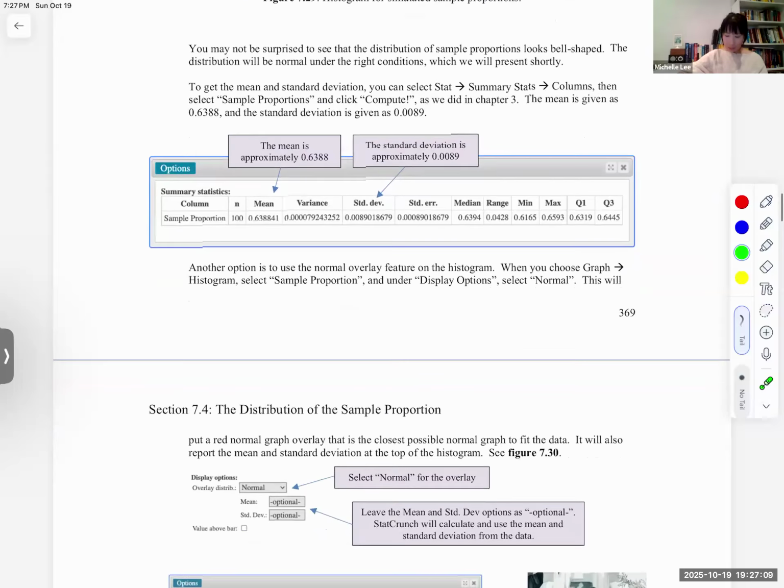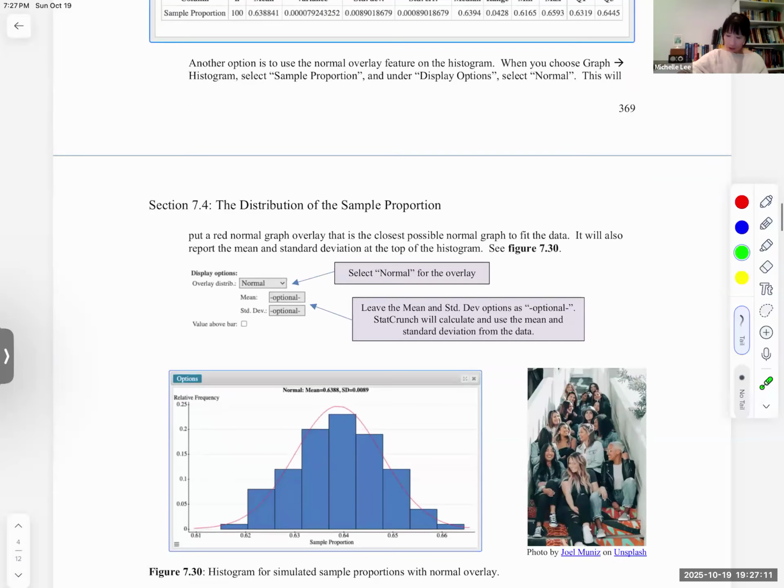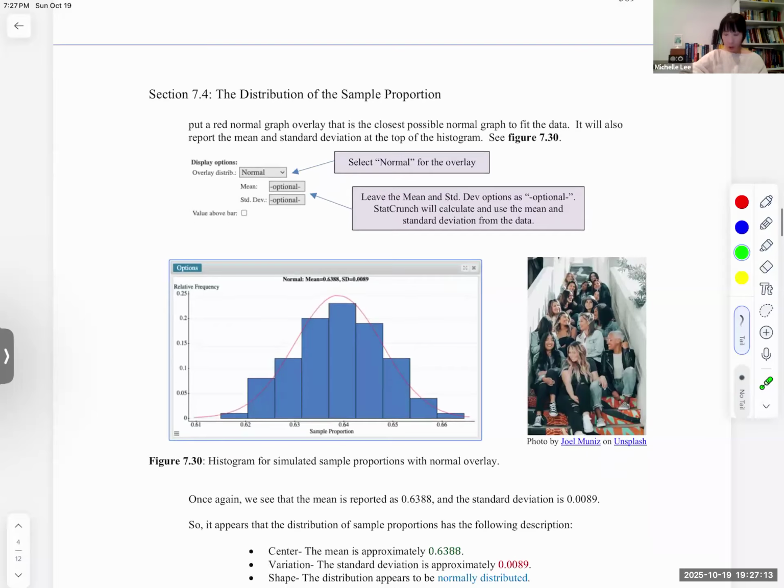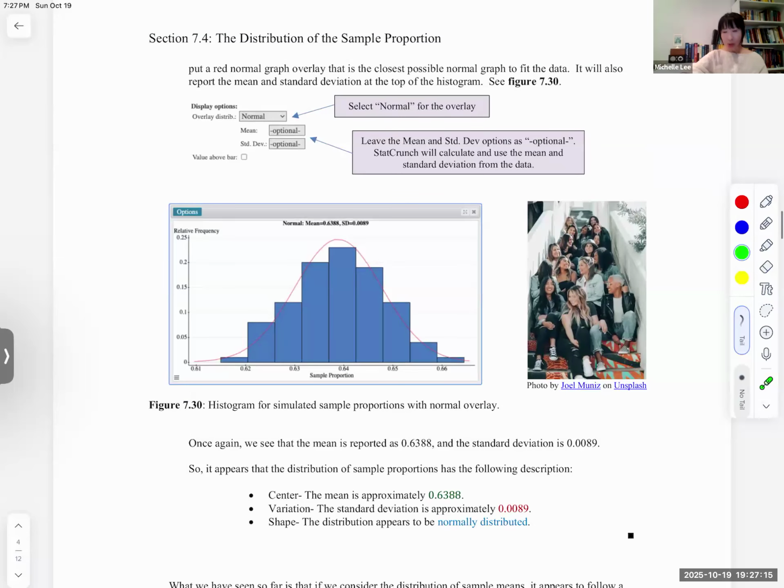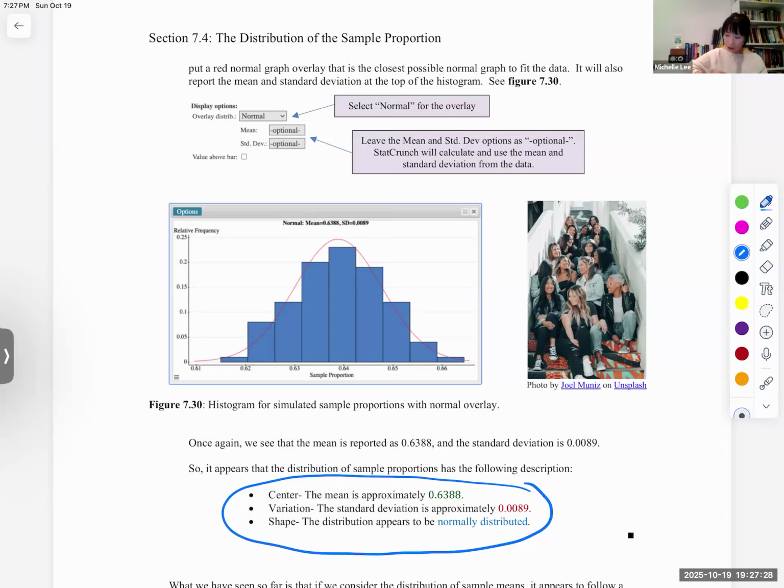So it's a normal distribution. The center, the mean, is 0.6388, the variation, the standard deviation, is 0.0089, and the shape is a normal distribution.